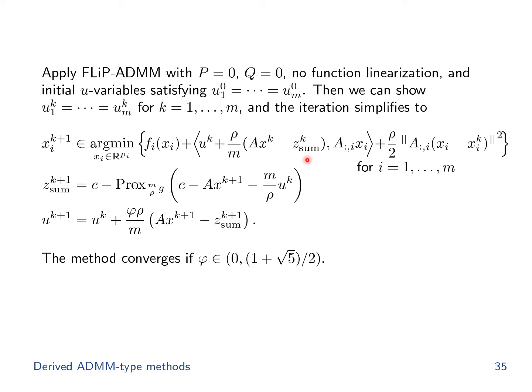We do not need to keep track of individual z_i's. And the sum of z^k can be updated this way, where we have involved g. And this method converges if phi lies between 0 and the golden ratio.